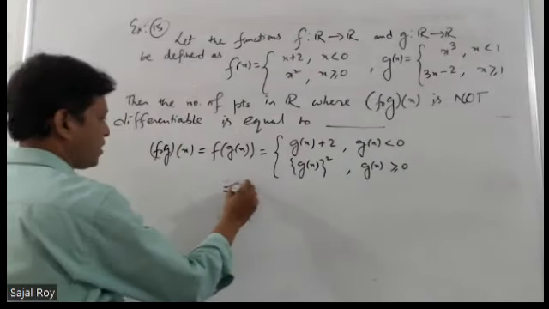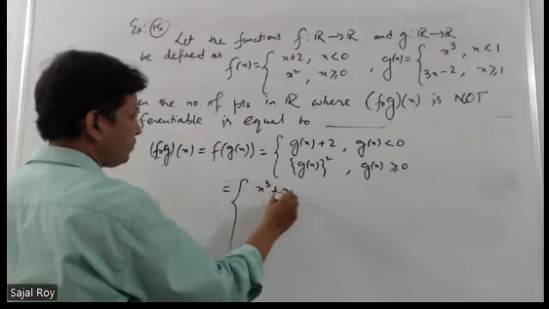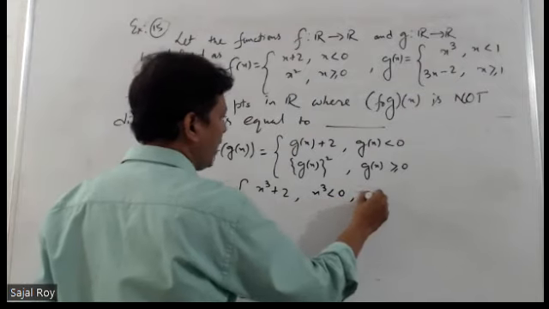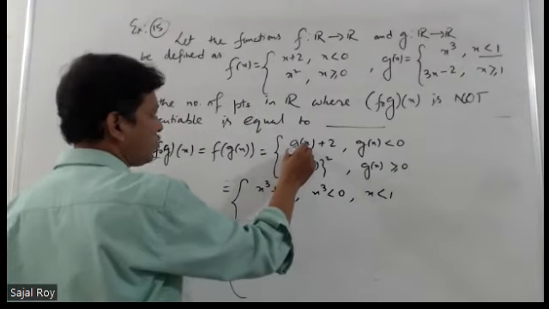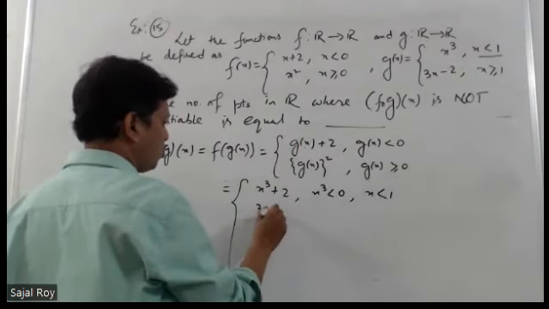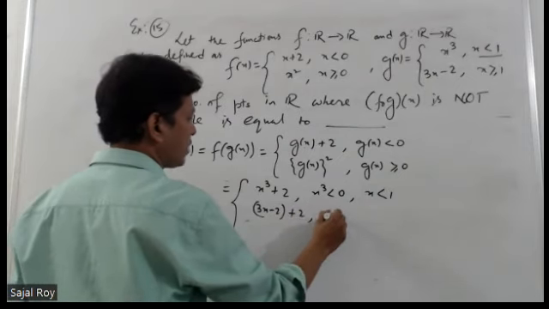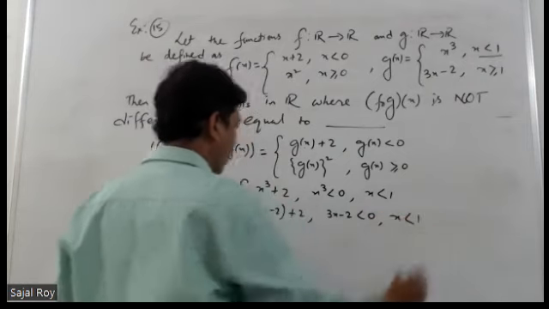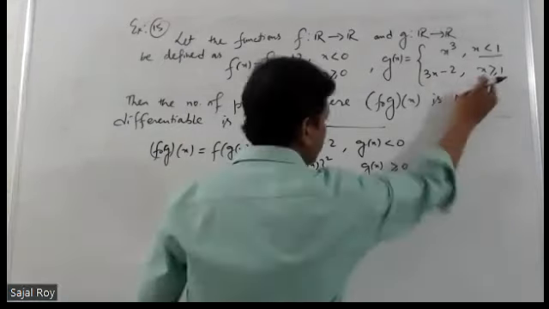So let me replace this. g(x) equal to x cube plus 2, x cube less than 0 and x less than 1. I am taking this part. And again this g(x) will be replaced by 3x minus 2 plus 2, 3x minus 2 less than 0 and x greater or equal to 1.